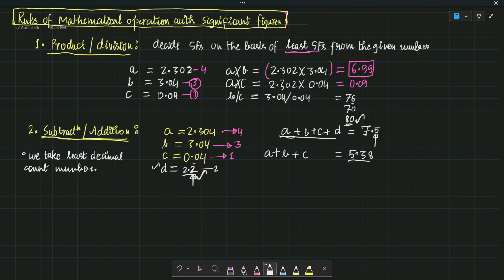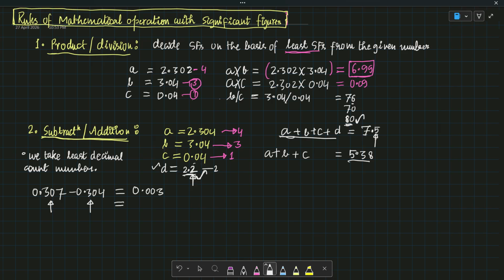One very good, doubtful example in case of subtraction, given in NCERT, is 3.07 minus 0.304. What will be the significant figures of this? This will have 3 significant figures, this will have 3 significant figures, and after subtraction what will be the value? 0.300 and 3.